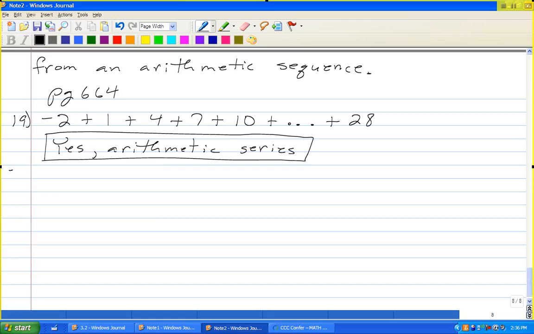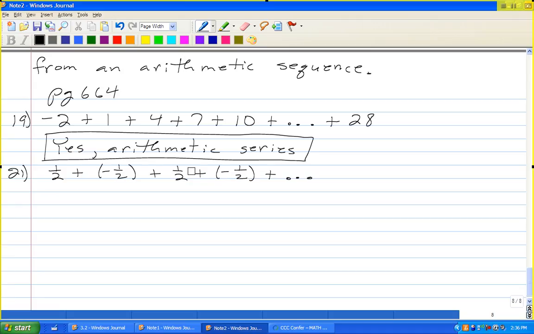Number 21: 1/2 plus negative 1/2 plus 1/2 plus negative 1/2, etc. Well, I'm not always adding the same amount to get the next term. 1/2 minus 1 is negative 1/2. Minus 1 is negative 3/2, not 1/2. I'm always multiplying by the same number.